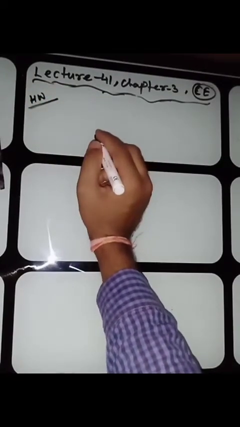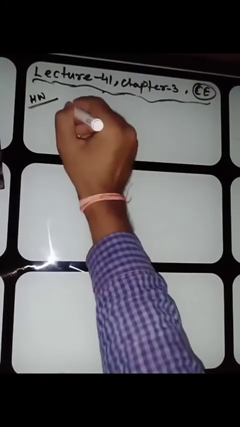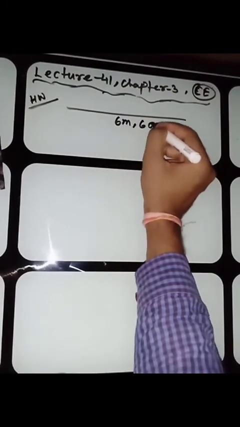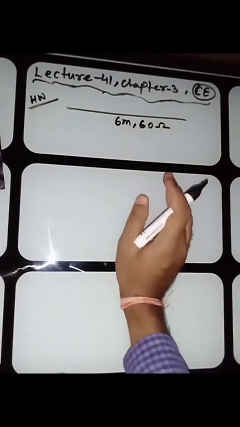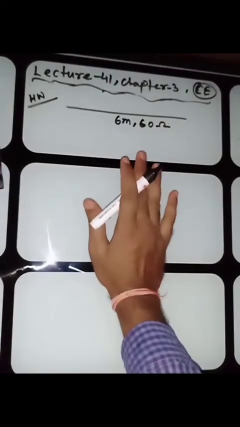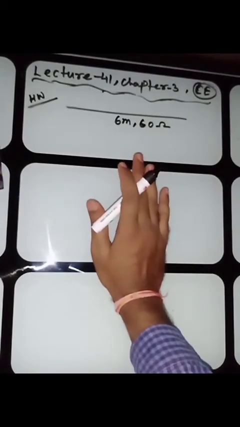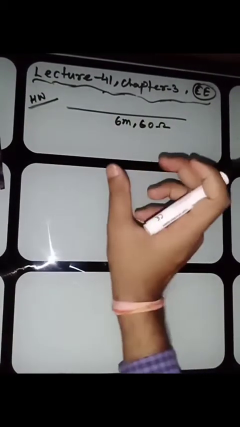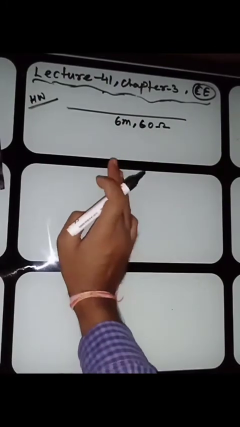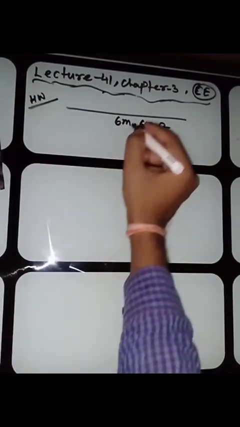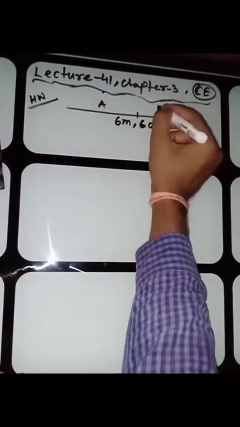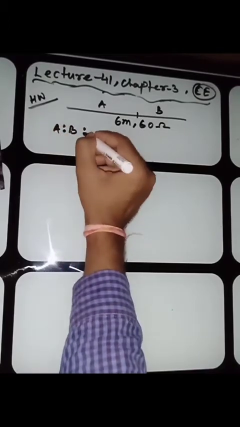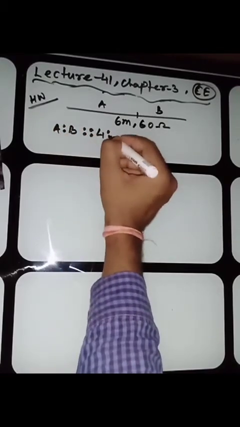And the question is, a wire of length 6 meter. You're having a wire of 6 meter, and the total resistance of this wire is 60 ohm. Now this wire is divided in two pieces, A and B, in two sections, A and B, as A is to B is 4:2.